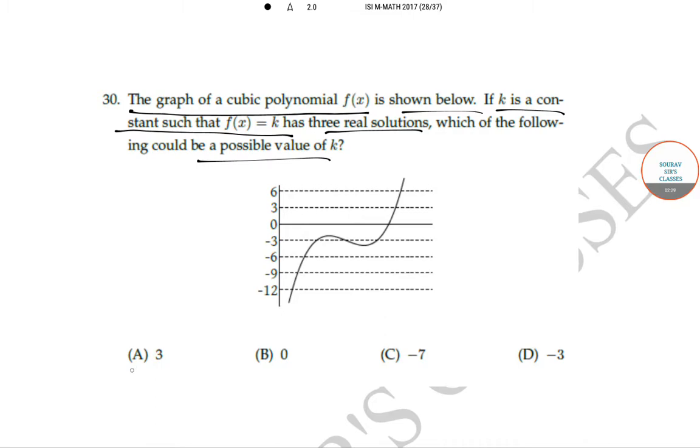Now looking at the options, that is 3, 0, minus 7 and minus 3, we can say that the correct answer is option A, that is 3, since k has to be greater than or equal to 3, as the graph needs to be lifted.